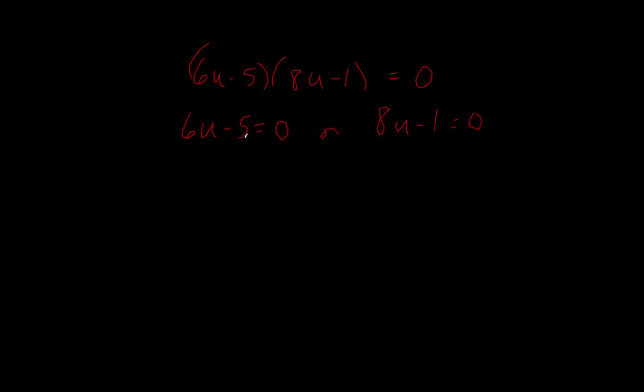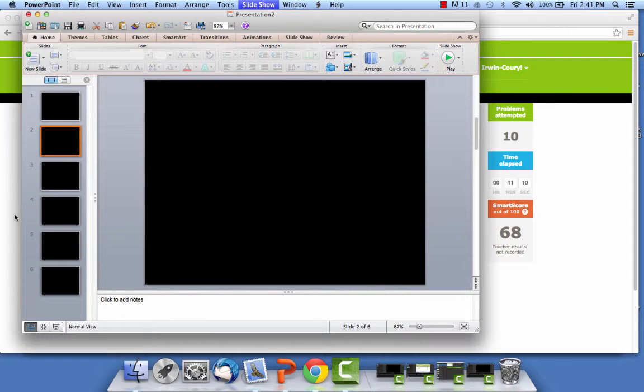I'm going to unadd and subtract first. So add 5, add 1, and then unmultiply. So 5/6 or 1/8.